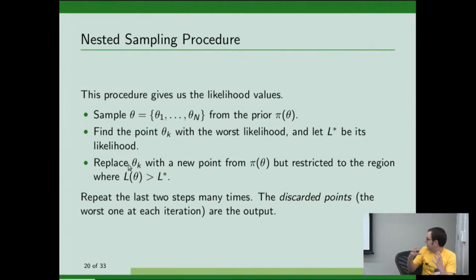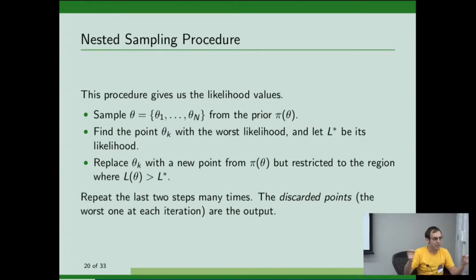So you generate all your points, find the worst one, find its likelihood, L star, and then you write that to disk or something. First iteration, my worst log likelihood was minus 1,000. Then you need to generate new points. You're going to forget about any region of the space that's worse than the point you just discarded.